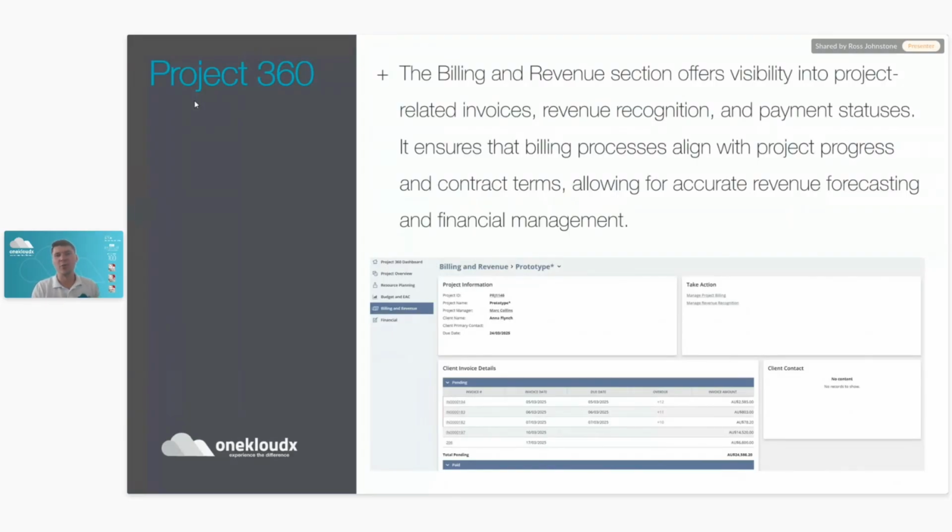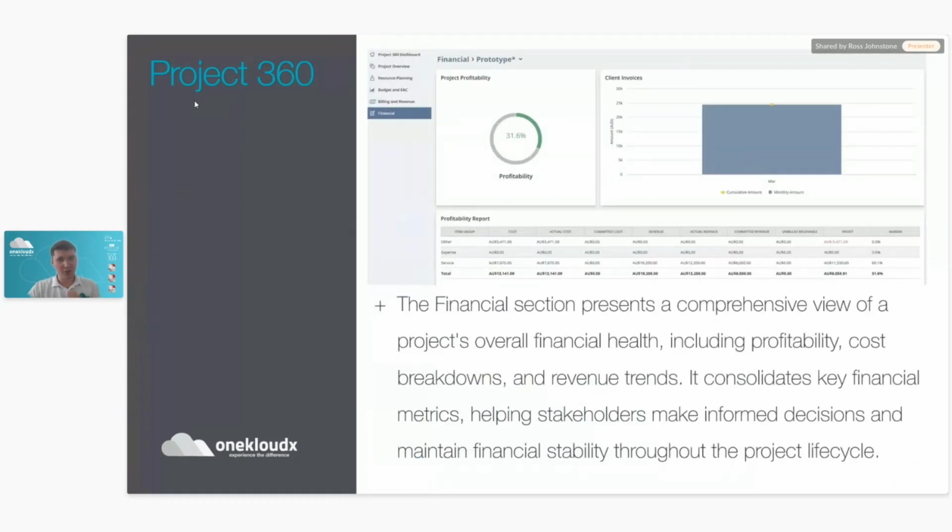It ensures that the billing processes align with your project progress and contract terms, effectively meaning you can stay on top of your billing in relation to your projects. Now, as mentioned, last but not least, the financial tab presents a comprehensive overview of your project's financial health, including your profitability and cost breakdowns and revenue trends.